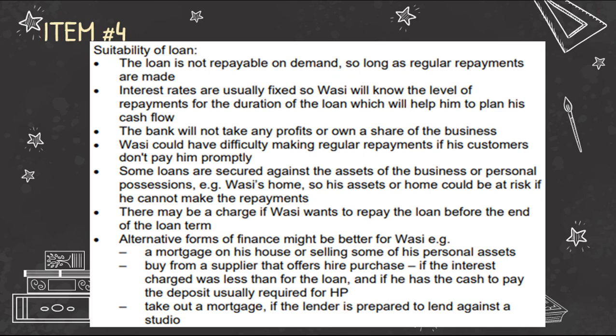Another is the bank will not take any profits or own a share of the business. Another explanation is there's a fixed interest rate, so Wasi knows the level of the repayments and the duration of the loan. Since he knows when he is going to pay, it can help him plan his cash flow.